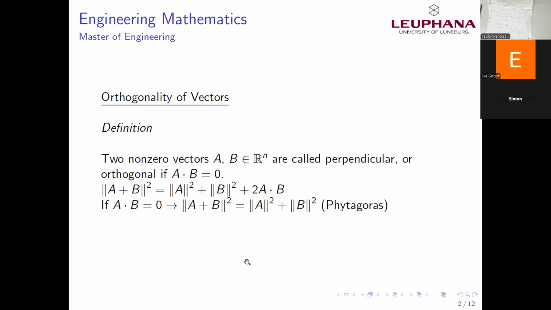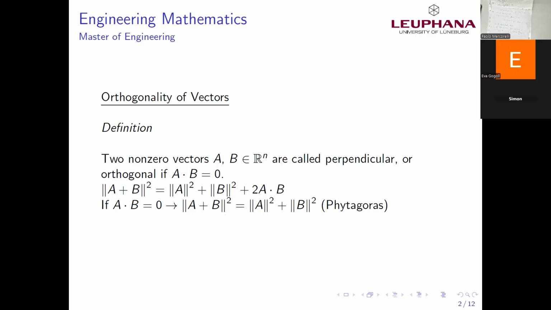We can see here how, with this concept, we can derive, in the context of our norm, the Pythagorean theorem, because if you remember these calculations which we did together, of course if A is orthogonal to B, we collapse this into the Pythagorean theorem.